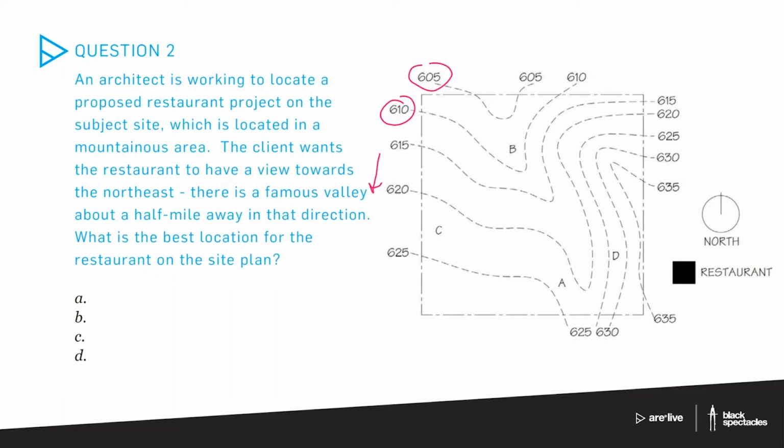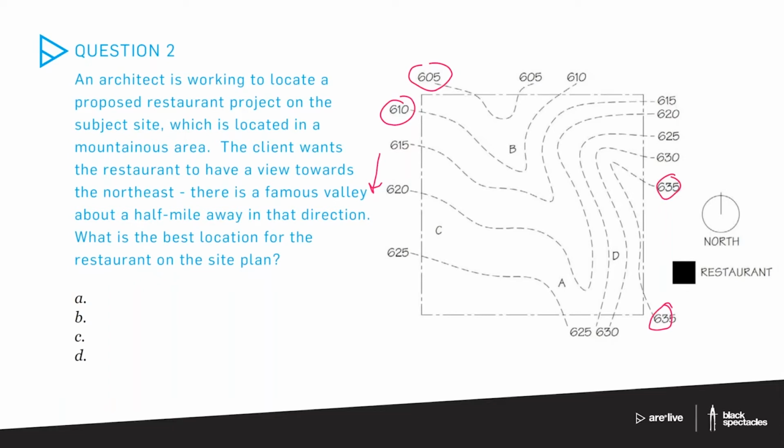So I like to start analyzing a topo map by first finding the highest and lowest numbers noted on the map. So here, 635 is in 2 spots, and that's the highest number out of anything we see here in the southeast corner of the site.